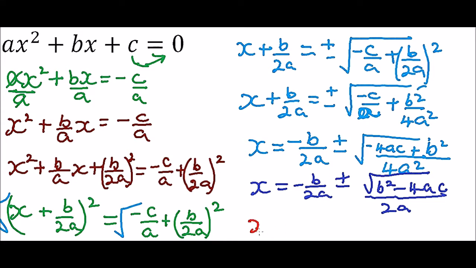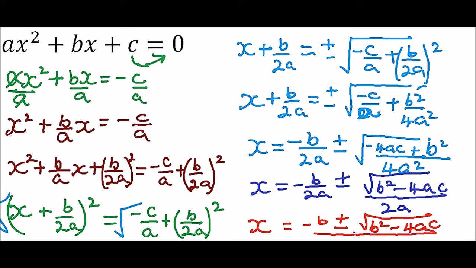So we now have x equals minus b plus or minus the square root of b squared minus 4ac, all divided by 2a. So this is our quadratic formula. What you need to do is to identify the coefficients of the given equation, and you substitute here, and you'll be able to get the solution to the given quadratic equation.